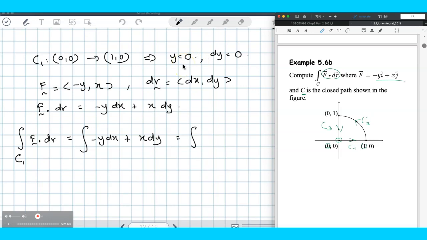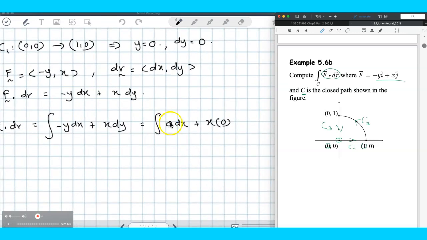So this one is 0 dx, which will give you 0, plus x times dy, and dy is 0. Since this one is 0 and this one is also 0, you have to integrate the 0.